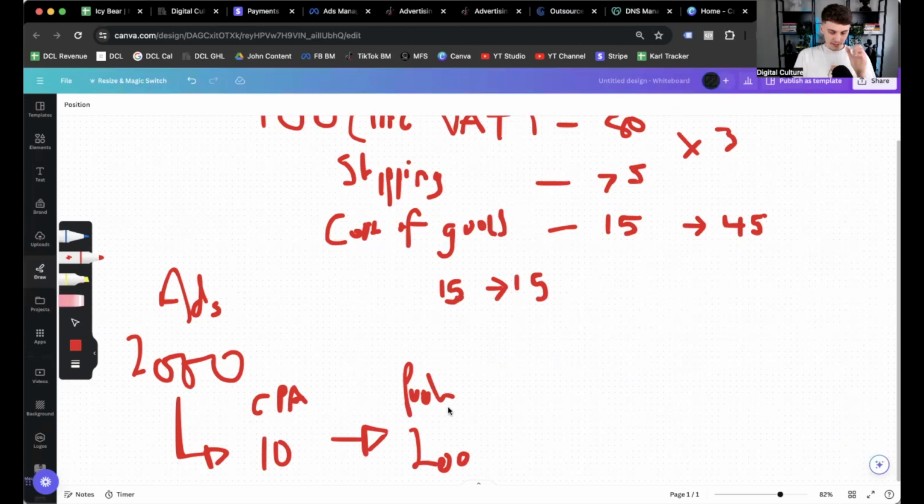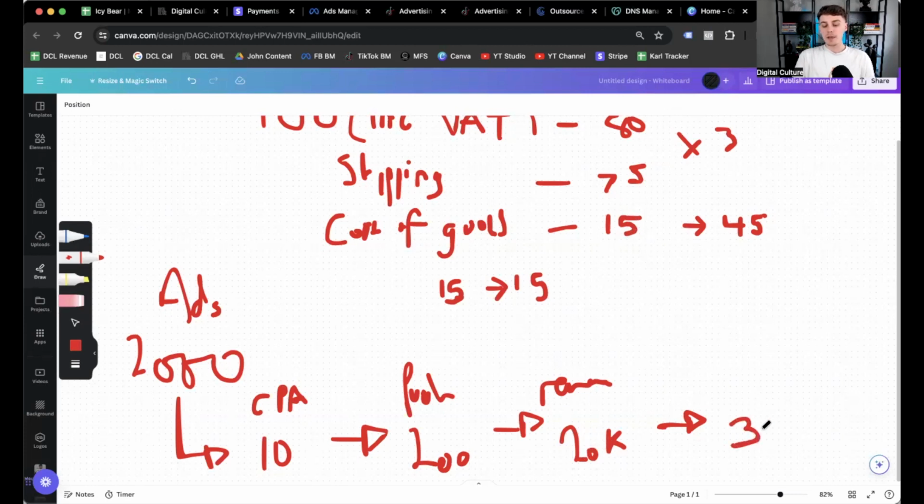Now, it's costing you £10 to acquire a customer on ads, which generates 200 sales at £100. So the revenue is £20,000. But we know based off of the VAT cost, the shipping cost, and the cost of goods, that they actually have a 15% profit margin on this campaign.